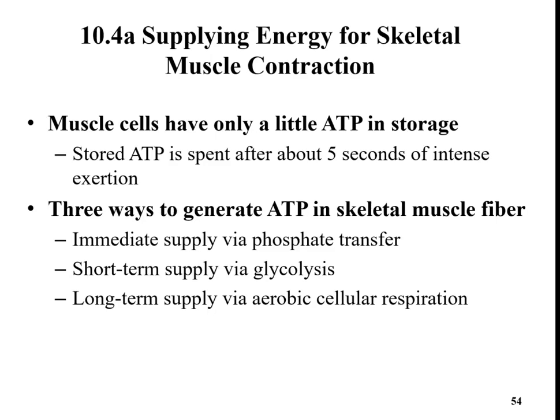Okay, because the oxygen supply our muscles need is going to depend on whether they tend to use a short-term supply or a long-term supply of ATP. So go back and review those mechanisms. Again, shoot me any emails if you have any questions whatsoever.